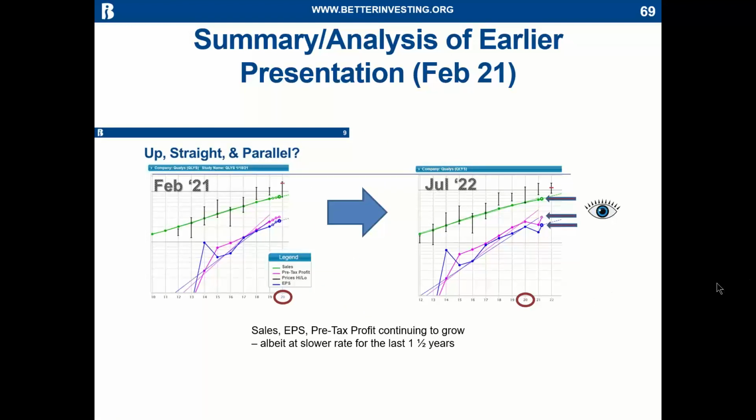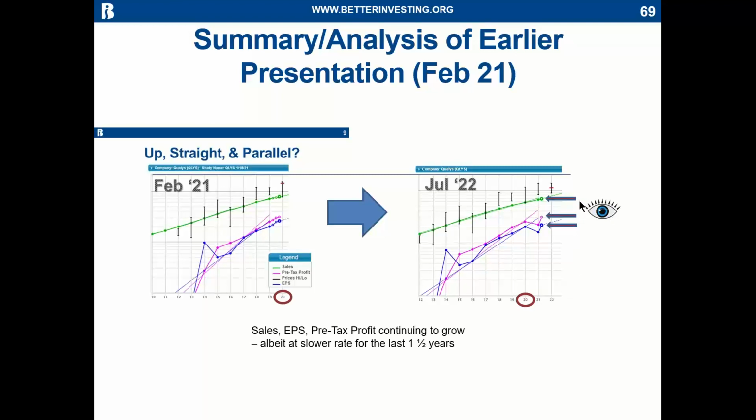So I did want to take a look at where some of the fundamental numbers were going. I did the same thing that Jonathan did earlier, which was to highlight towards the bottom here the 2020 performance, just to calibrate you a little bit. On the right-hand side, I look at where we stand right now, and there are three things I want to draw your attention to. One is that sales continue to rise and rise in a consistent manner.